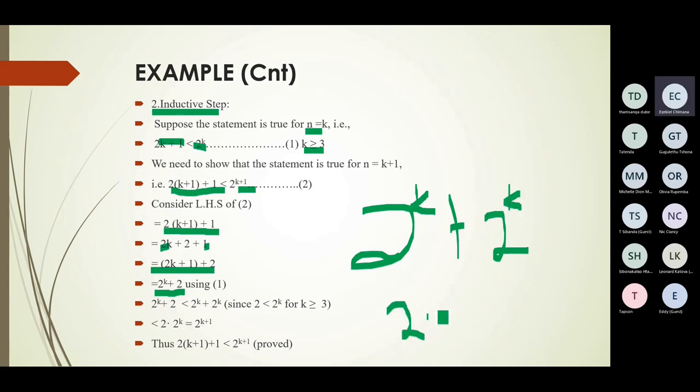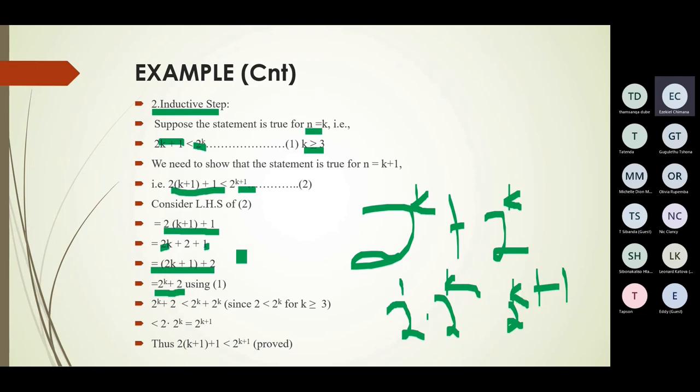It is 2 times 2 to the power k. Which means whenever we are multiplying numbers with the same base, we can add powers, which equals 2 to the power k plus 1.